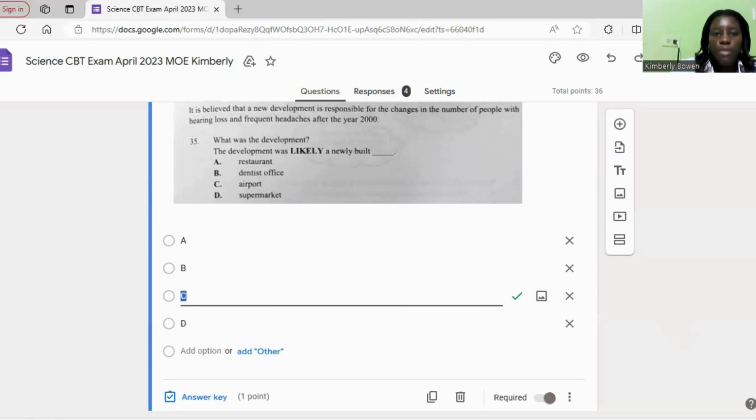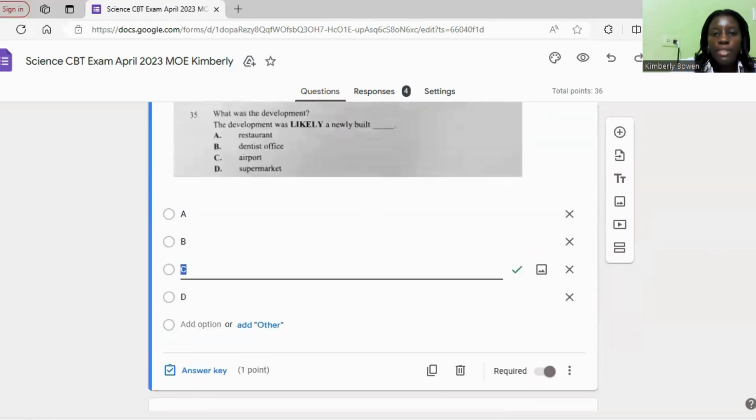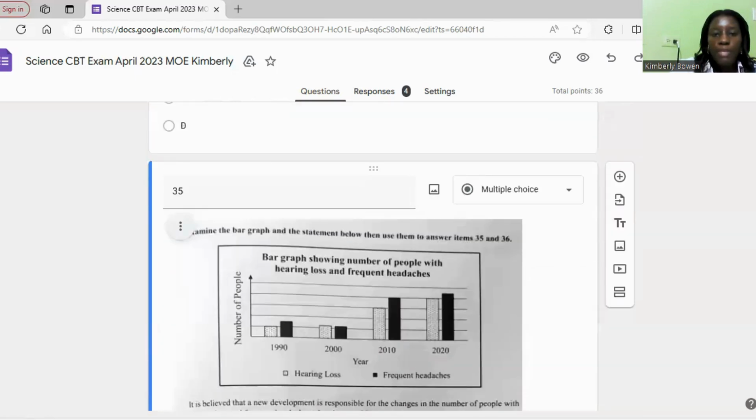All right, let's move on to number 36. Which statement is true? Half the number of people suffered from hearing loss in 2020 than 1990. Let's look back at the diagram. Half, let's see.